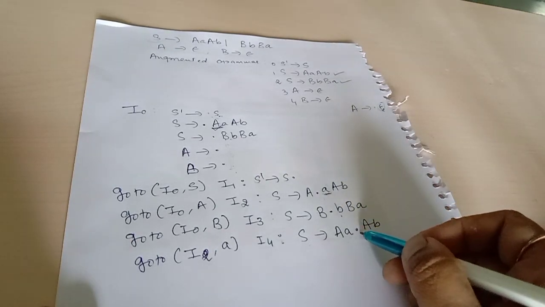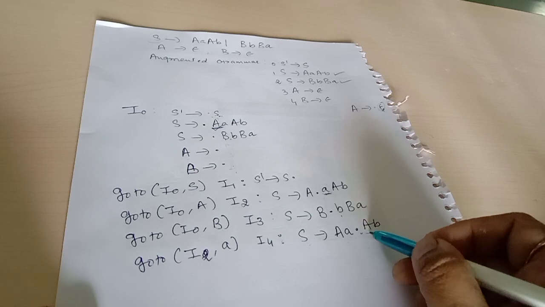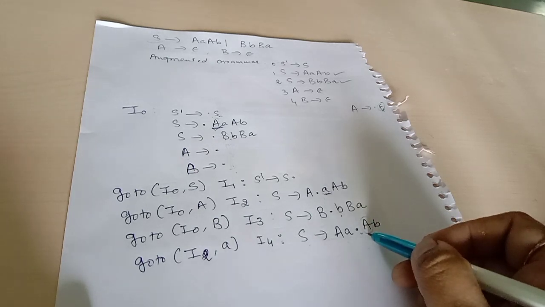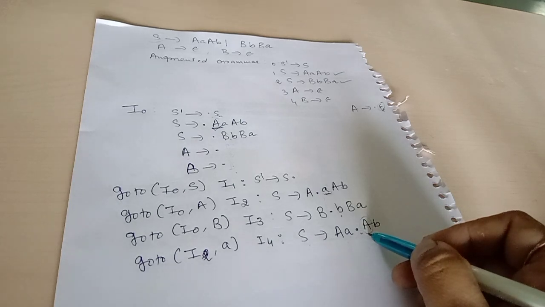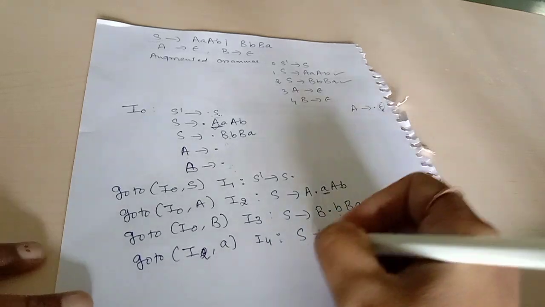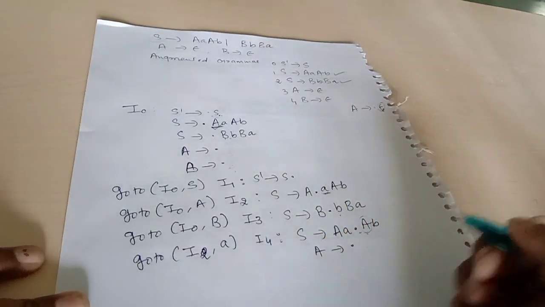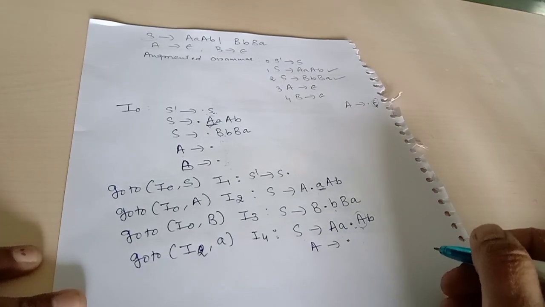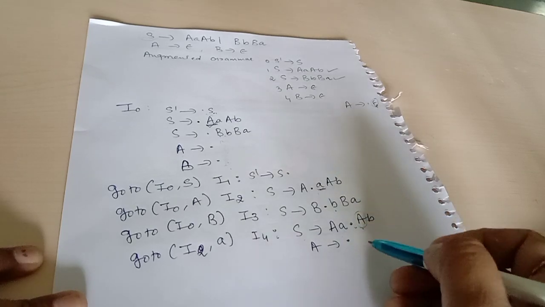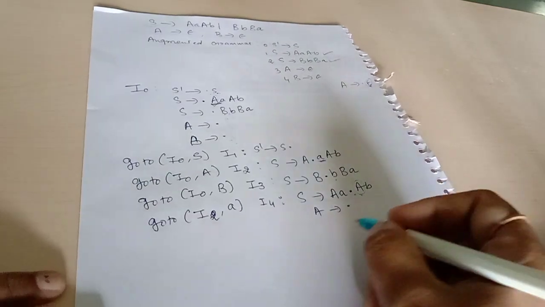Again over here the dot is before the non-terminal A, so I need to introduce the production of A. The production of A is A → ., which was reduced. There is no other production, so this is done.